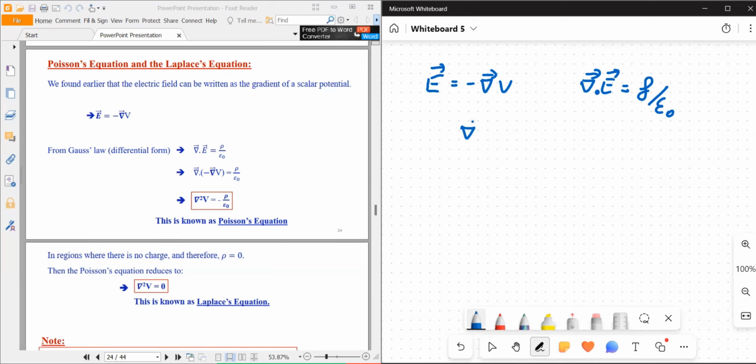We can use the relationship between the electric potential and the electric field in this equation.